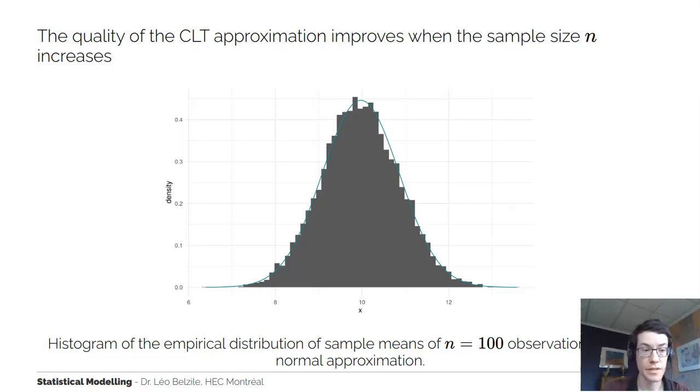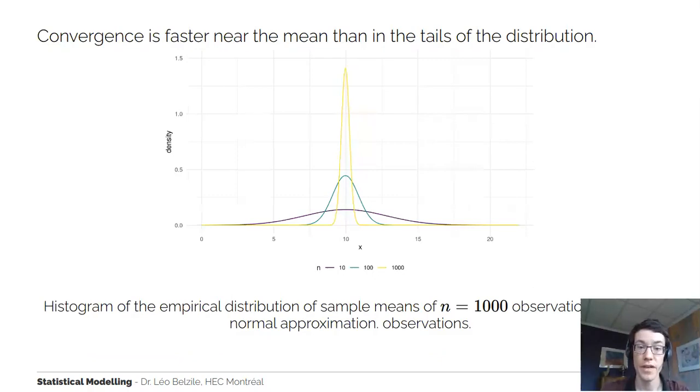But notice the scale on the x-axis. I was going from 2 to 20, and now I'm going from about 7 to 13. So it's shrunk. It still looks like I have a bell curve, but the approximation's better in the tail. The curve is a closer fit to the histogram. And if I power up to 1,000, I'm showing you the 3 curves overlaid, one on top of another.